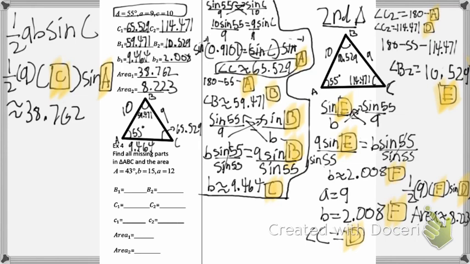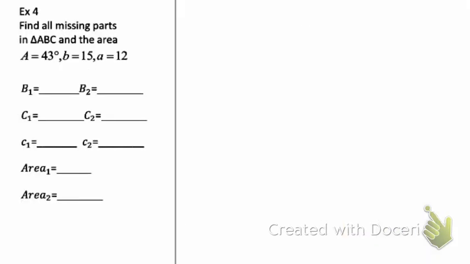Now let's go to example 4. They didn't provide us with a triangle, so we have to make our own. So let's make one over here.